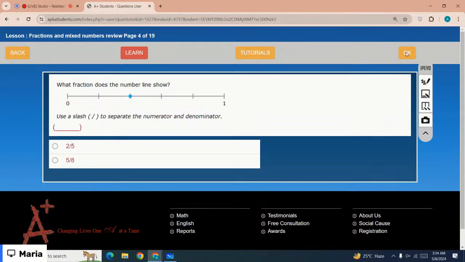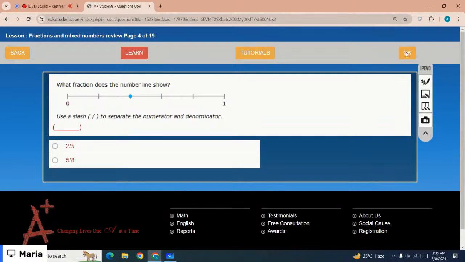What fraction does the number line show? That is 2 out of 5.